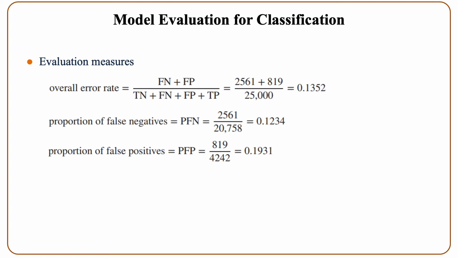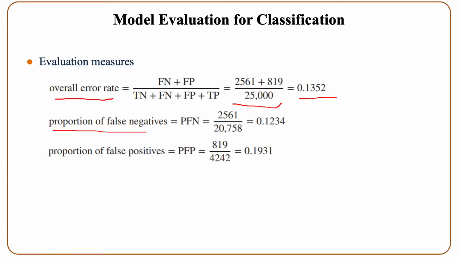Now if we look at the confusion matrix we saw in the previous slide, for the overall error rate, we plug in the numbers, and we get the overall error rate, which is about 13.5%.